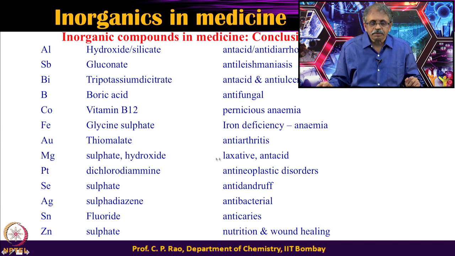These are all quite available ones. Magnesium sulfate and magnesium hydroxide are laxative and antacid, and platinum dichlorodiammine is used as an anti-neoplastic or anti-cancer agent. Selenium sulfide is used as anti-dandruff, silver sulfadiazine is antibacterial, tin fluoride is of course used in dentistry as an anticaries agent, and zinc sulfate can be used as nutrition for zinc as well as wound healing.